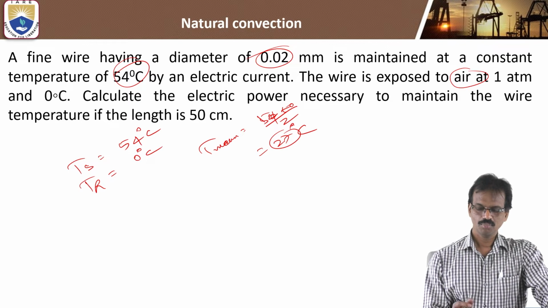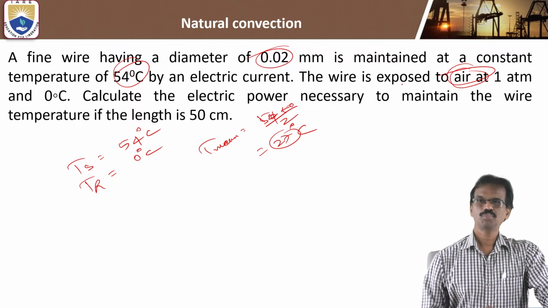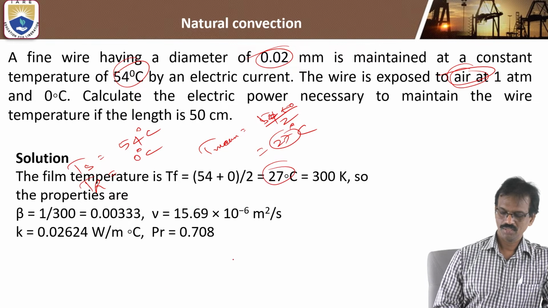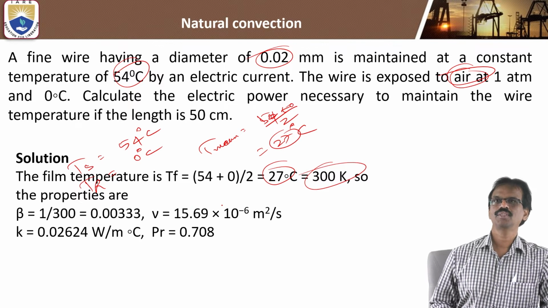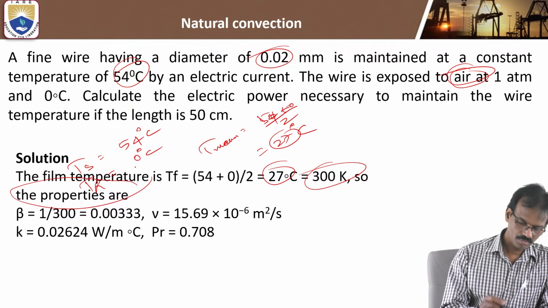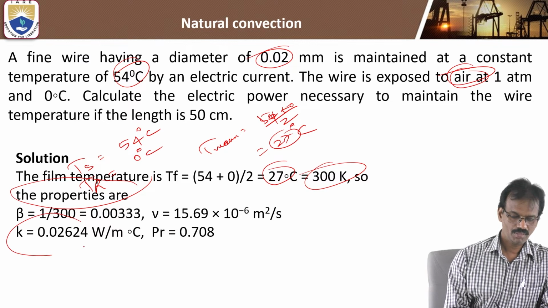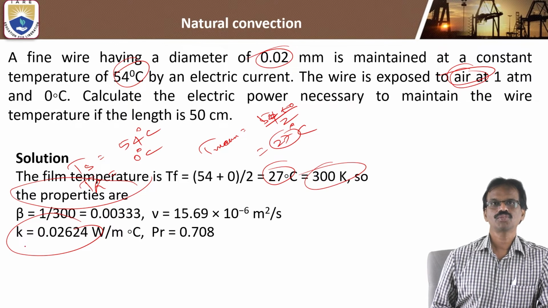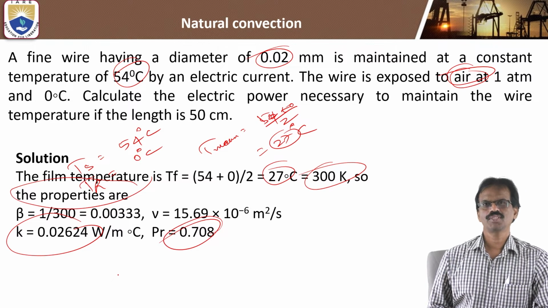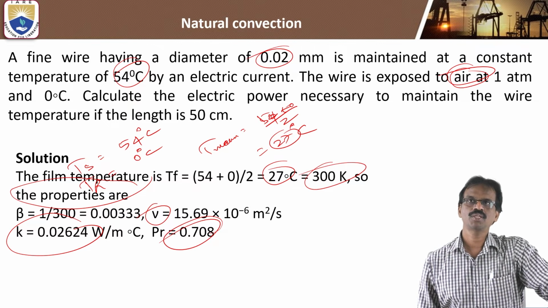By using this temperature, you can take the properties of the air. So 27 degrees Celsius is nothing but 300 Kelvin, because you have to add the 273. Then the properties are: thermal conductivity of the air is equal to 0.02624, the Prandtl value is equal to 0.708, and kinematic viscosity is equal to 15.69 into 10 to the power of minus 6.